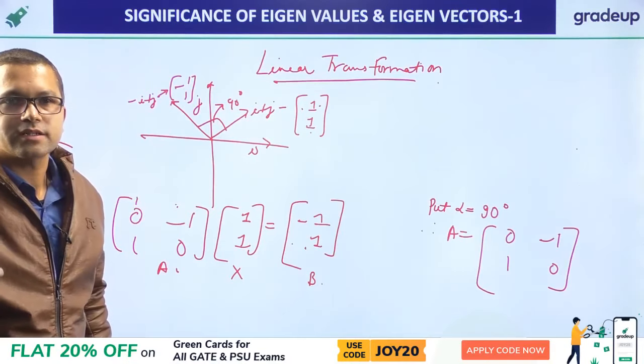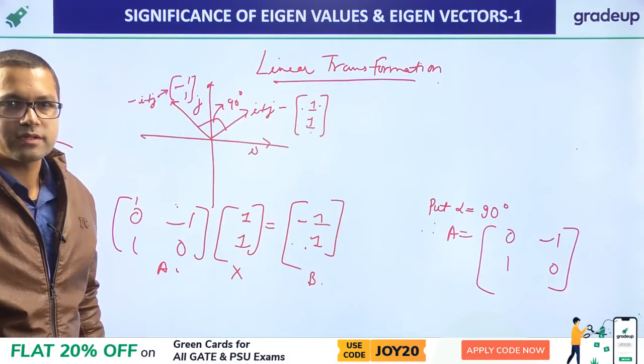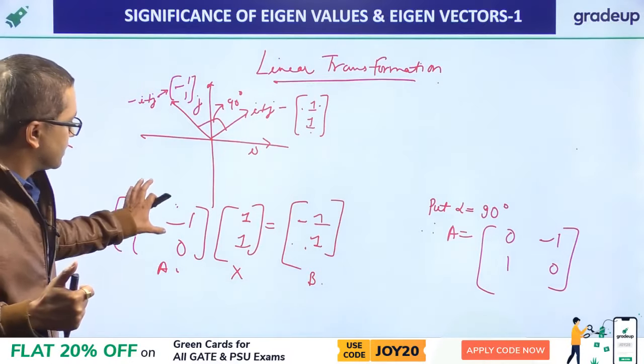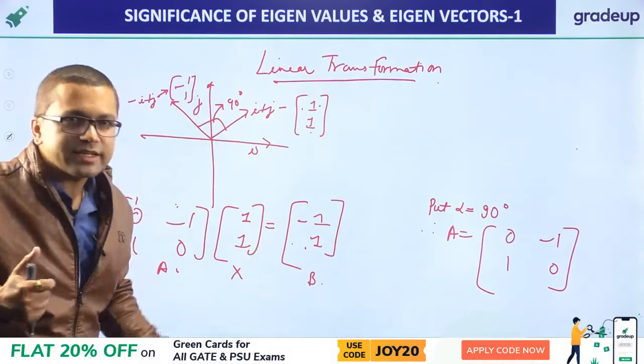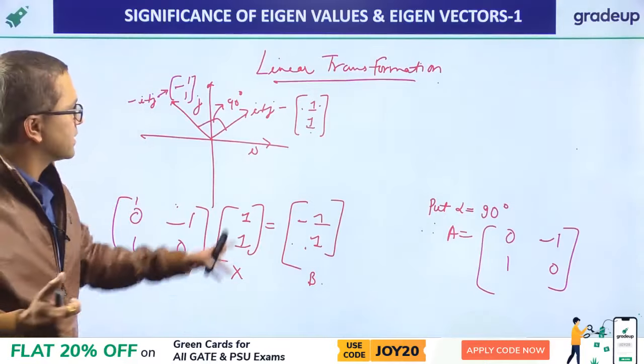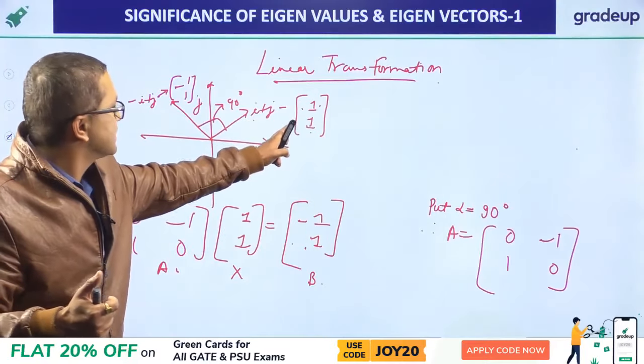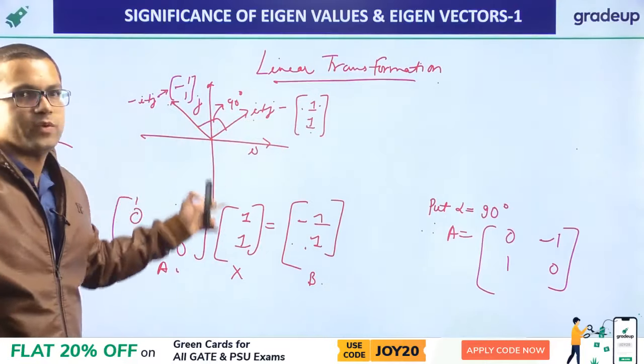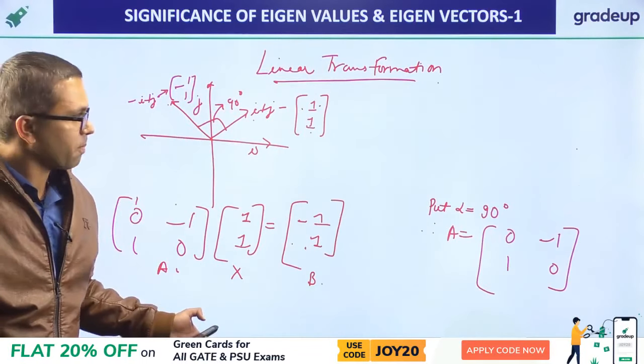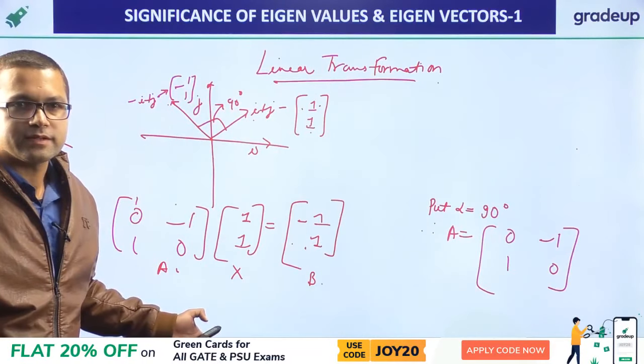Did you get the concept? What does A into X mean? It just means that the initial vector is getting transformed to a new vector, that's all.